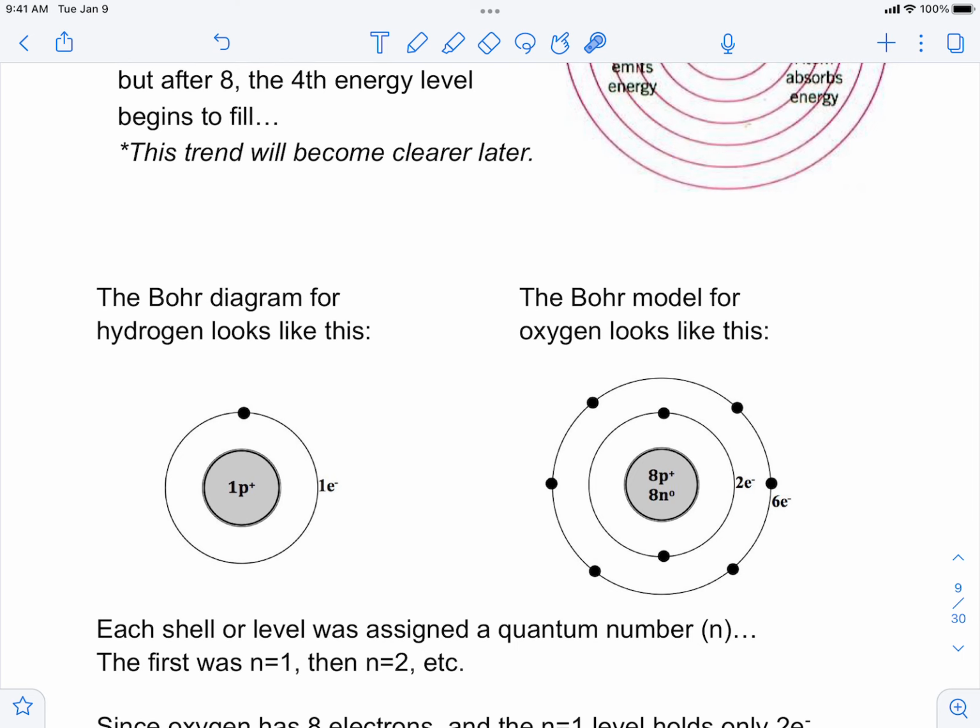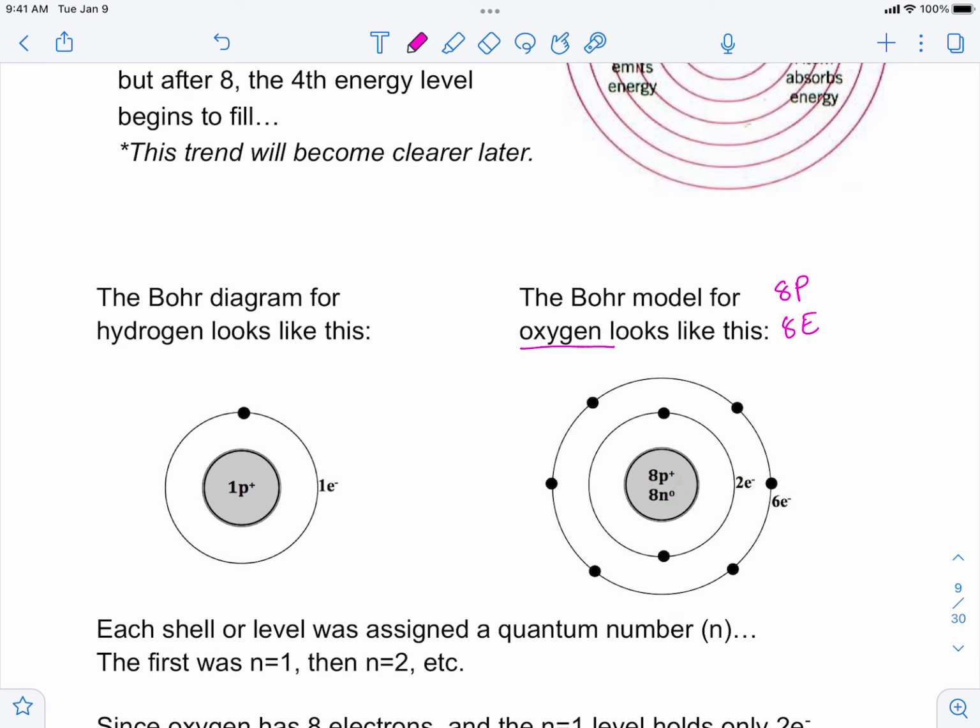So for hydrogen, because hydrogen only has 1 proton and 1 electron, this is what a simple Bohr diagram would look like. 1 proton, 1 electron, doesn't get very complicated. But if we look at oxygen, oxygen has 8 protons, and it's going to have 8 electrons. So the nucleus, of course, is where the protons are and where the neutrons are. So here's our nucleus.